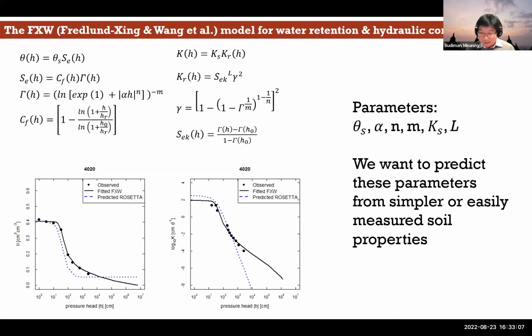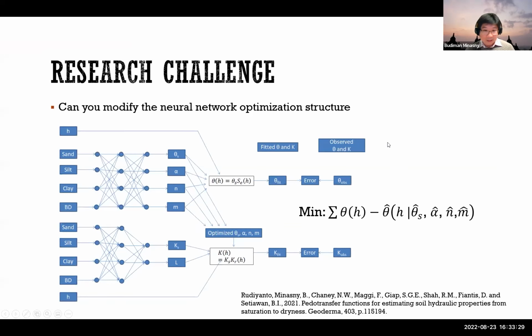So how do we do it? Conventionally, we take the spectra or the soil properties and we predict all these fitted parameters in a neural network, for example. But the thing is that all these parameters are correlated as well. Can we do something else?